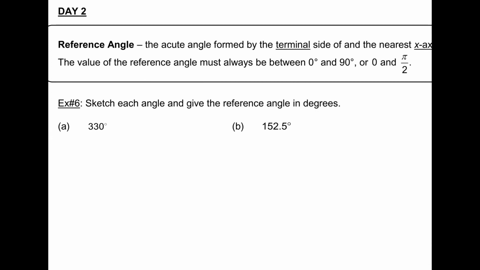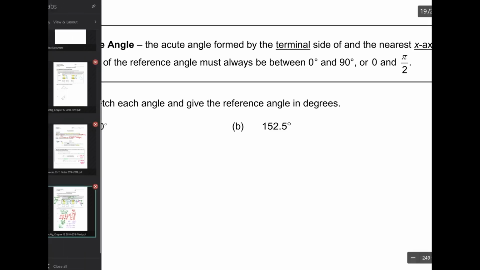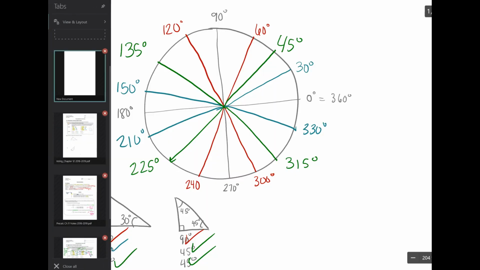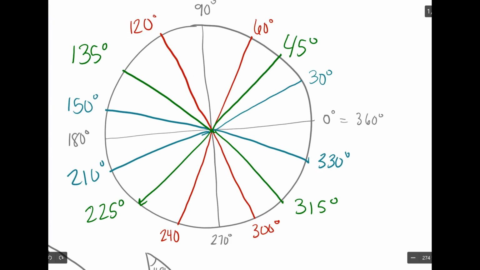The reference angle is the acute angle formed by the terminal side and the nearest x-axis, formed by the terminal ray and the x-axis. That's literally what I was talking about when we were doing this.